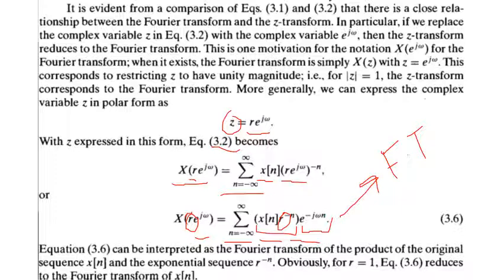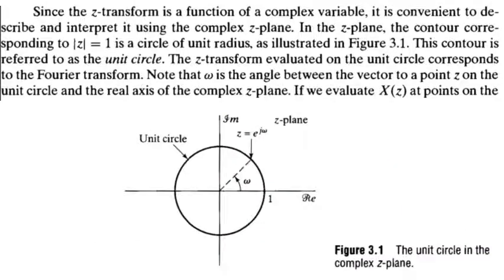Obviously Z is a complex variable in polar form. This is the magnitude and this is the phase. As we know that Z is a complex variable, it is convenient to describe and interpret it using a complex Z-plane. So this is our complex Z-plane. It has a real axis and an imaginary axis.